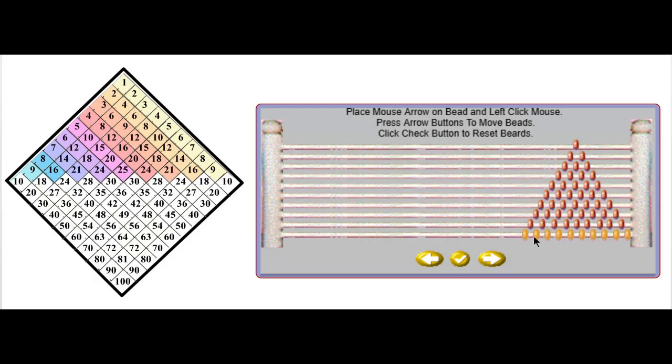So we count 1, 2, 3, 4, 5, 6, and push those beads over against the left post. Now, we only have 4 beads left.